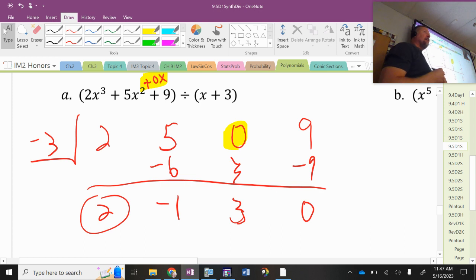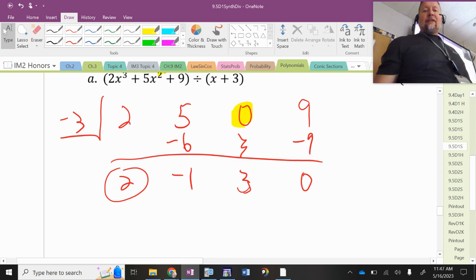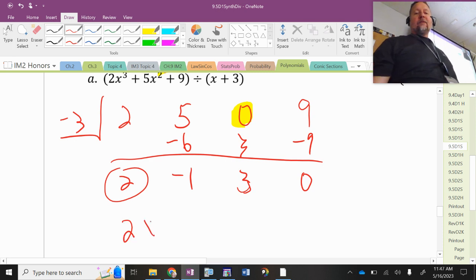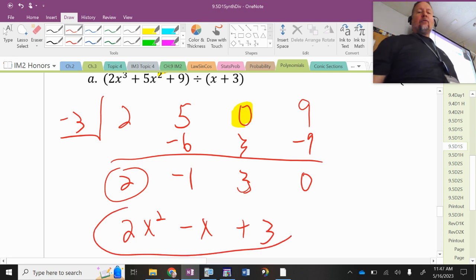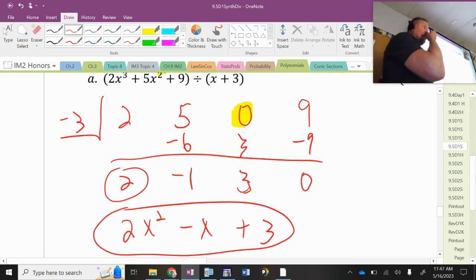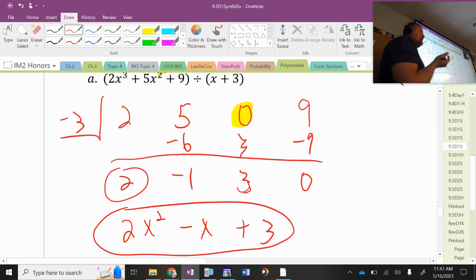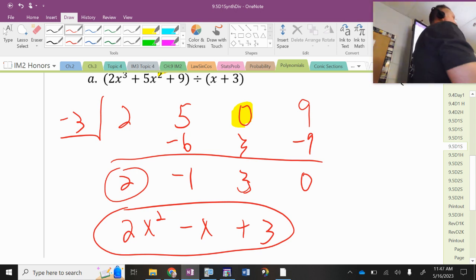It is a factor. Okay, and then that's the next set of the notes here. But tell me the final answer now. 2. Yep. And then I don't have to write 0 over x plus 3, but you can. I guess it'd be okay, but it's kind of silly because 0 over anything is 0. That's the point of that being a factor.